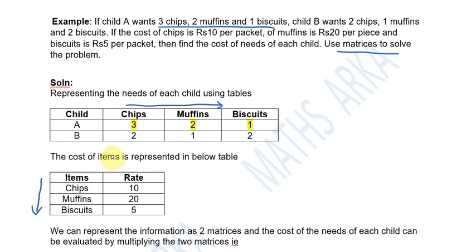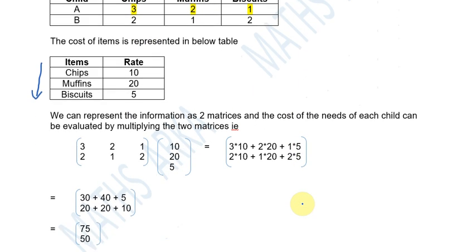Okay, so now we have represented these things, and if we multiply the two, we get the result. Whatever was given, 3, 2, 1, 2, 1, 2, is the information we have taken from this table. From the other table, what is given, 10, 20 and 5, we have written over here. Now let's check if the matrix multiplication is possible.